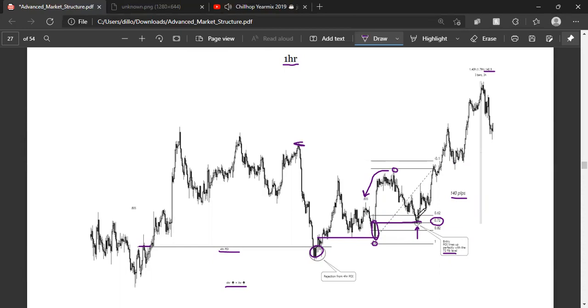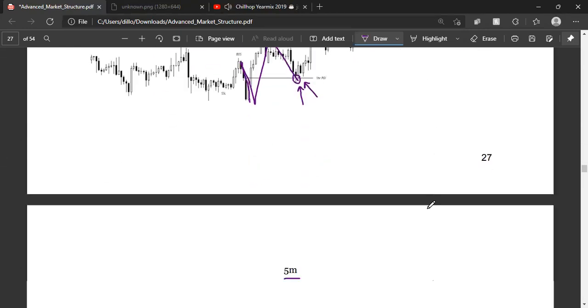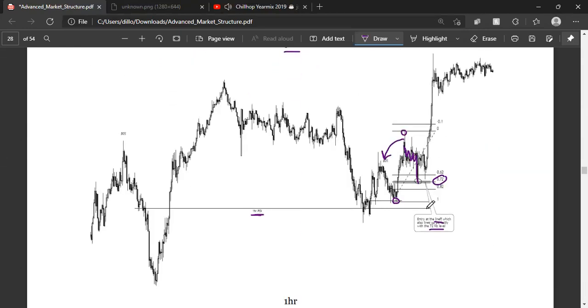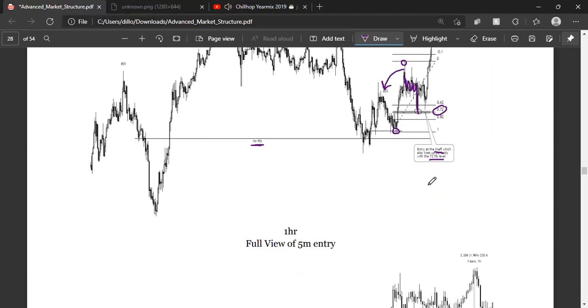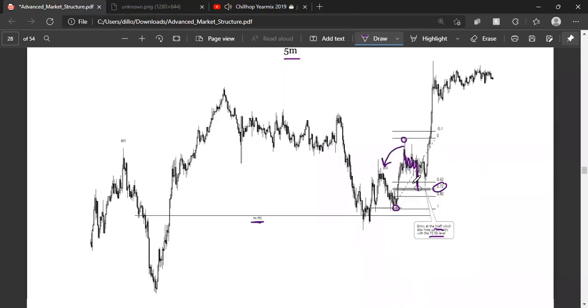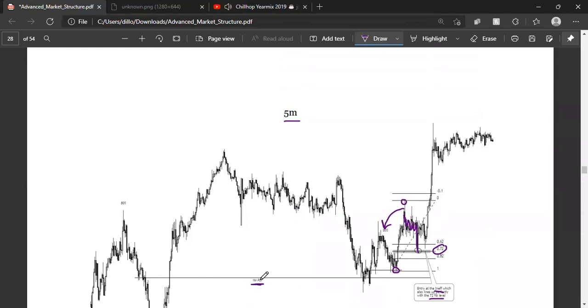But the market always tends to have the same behaviors. So, but yeah, waited for that rejection from the 1 hour point of interest. And then we have a 5 minute break of structure, right?